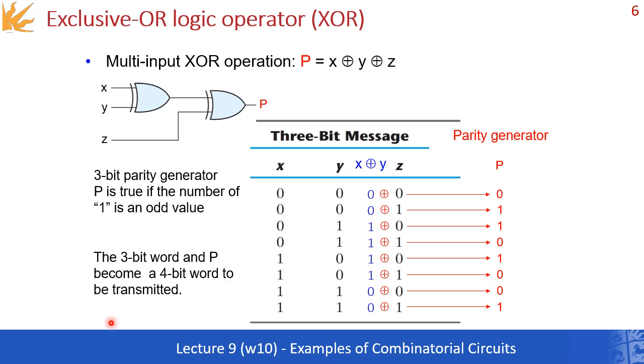Once again, what we do with this operation is that we convert a 3-bit word to a 4-bit word plus the parity bit, which means that you transmit it on the other side, and the other side can tell whether or not there was an error. If the set of bits transmitted to the other side has a number of ones which is not an even number, then you are sure that there was an error in the transmission.